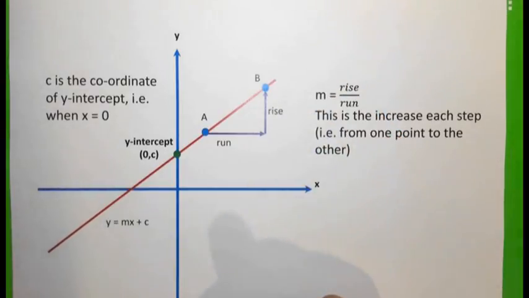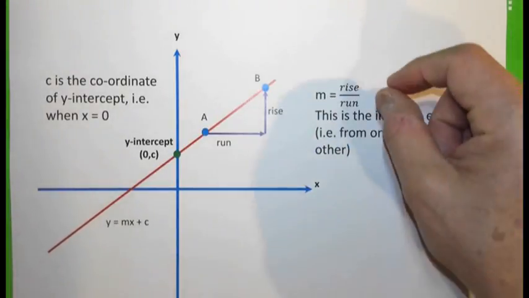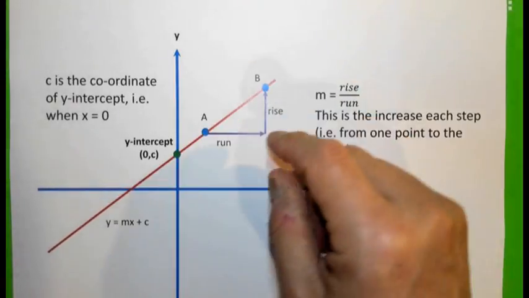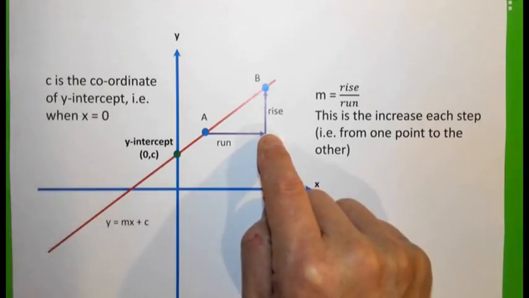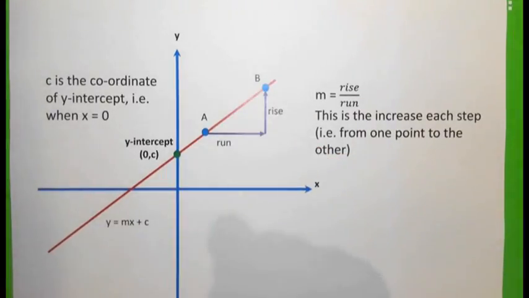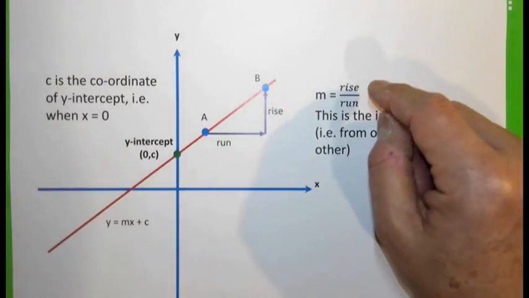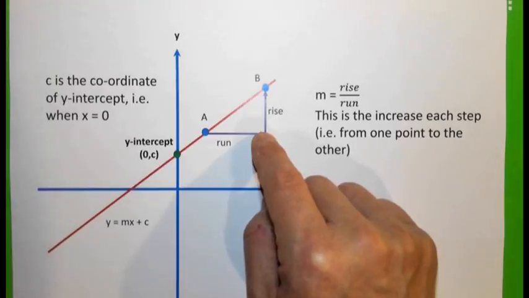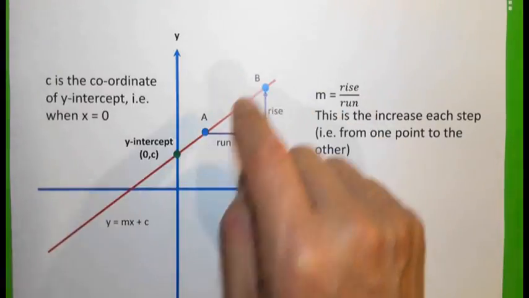So say m is 3, you know that the rise is 3 when the run is 1. So with 1 across, that's 3 rise. If m is 4 over 3, the run is 3 across and rise of 4.